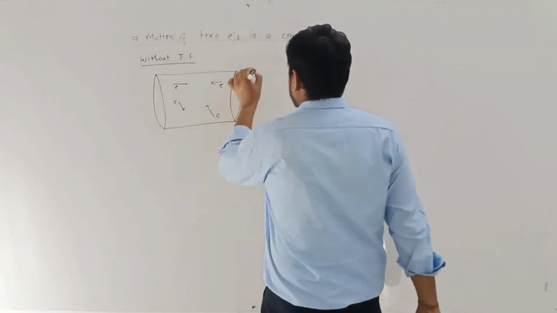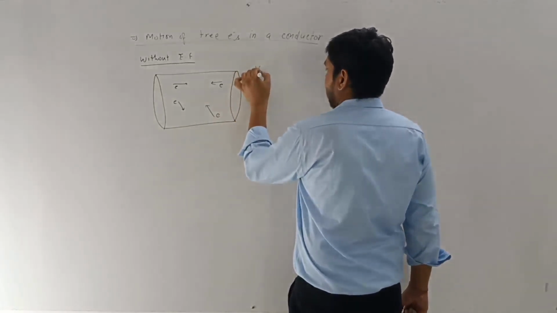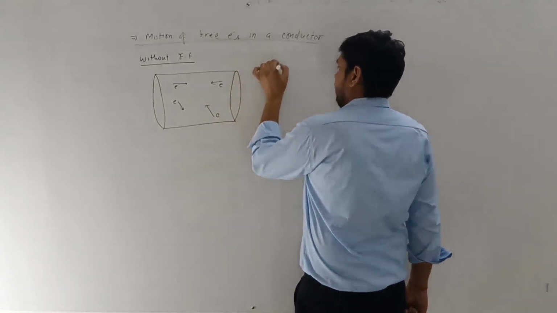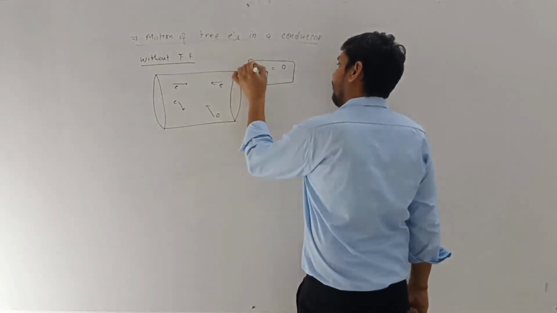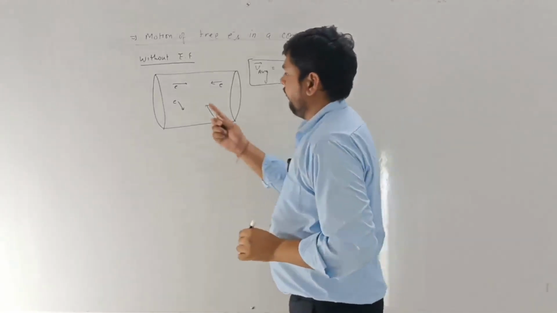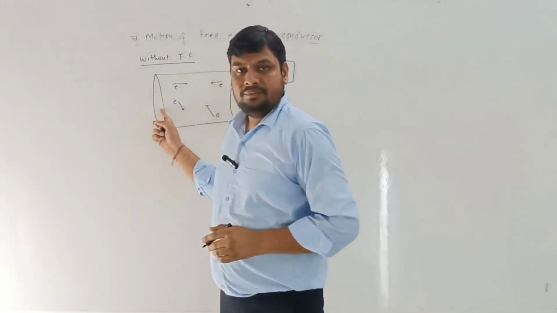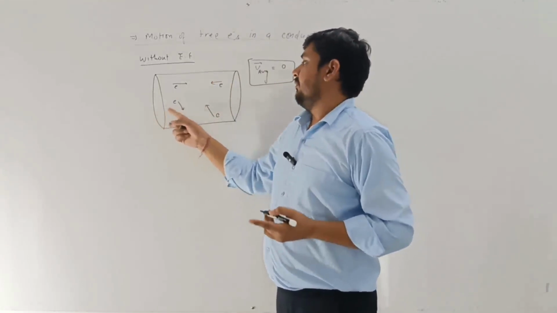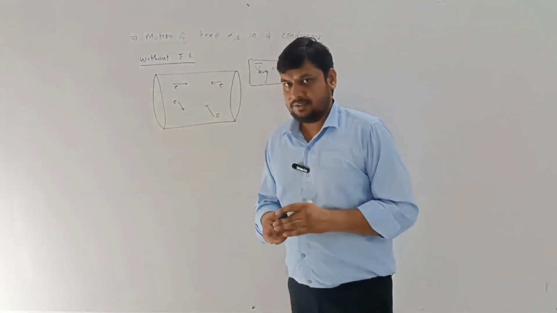Then the average velocity of electrons is 0 in a conductor without any source, without any external electric field.